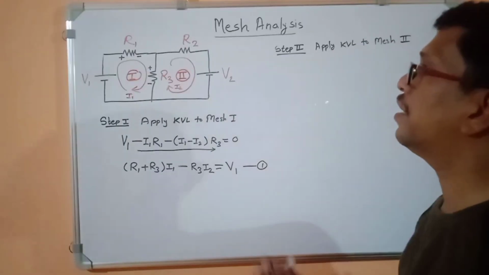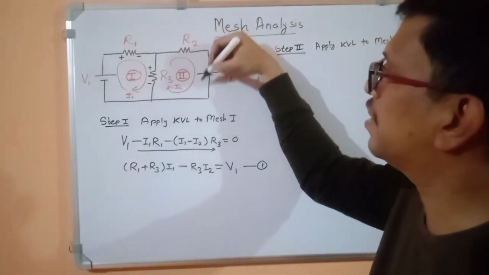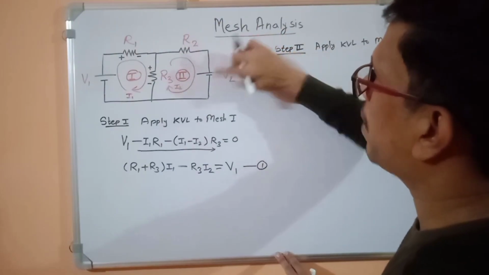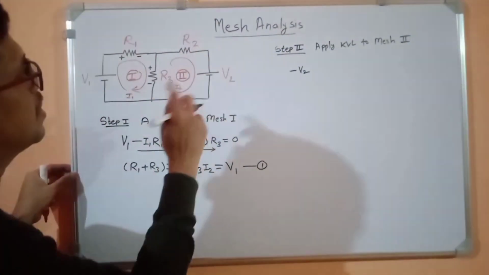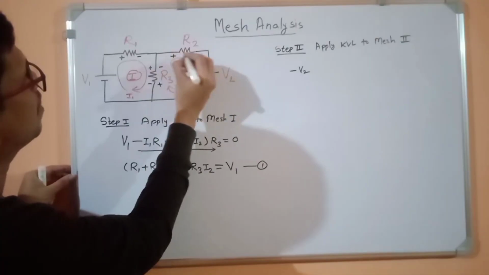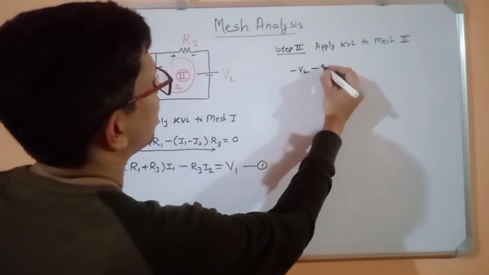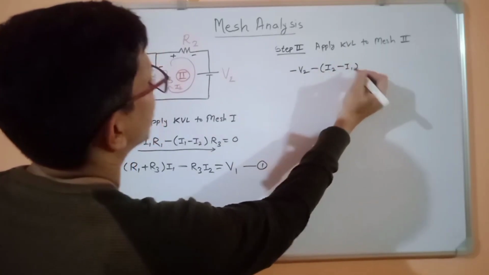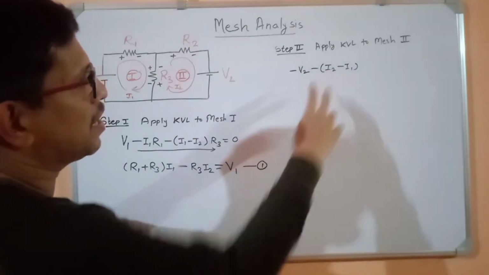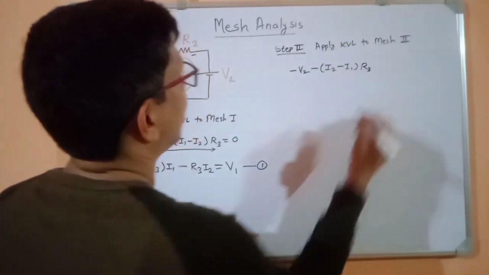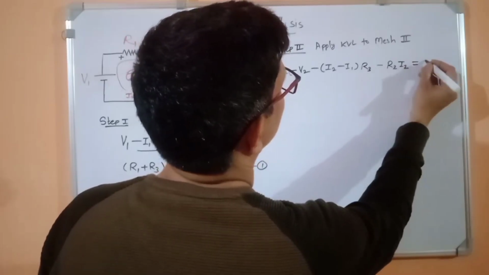What will happen over here? Again the same thing, we have to trace this circuit along similar lines. Just as we went clockwise here, we will do the same here. So what do we get? Plus 2 minus, minus V2, here minus. Now for this we have to decide plus and minus: this is the entry point, this is the exit point, this is the entry point, this is the exit point. So minus V2 plus 2 minus, minus. Now here again we will have to take I2 minus I1, because we are in the second mesh, so the difference I2 minus I1 is in R3. So that I am taking here into R3, and finally plus 2 minus 2 into I2 is equal to 0.